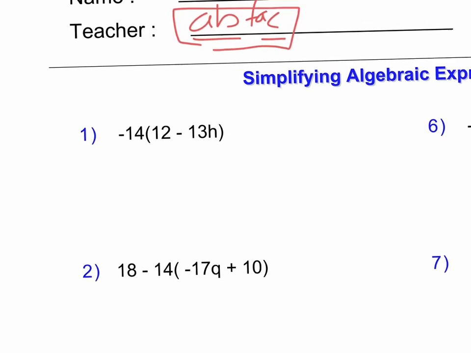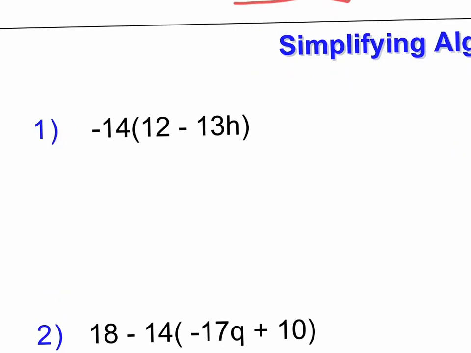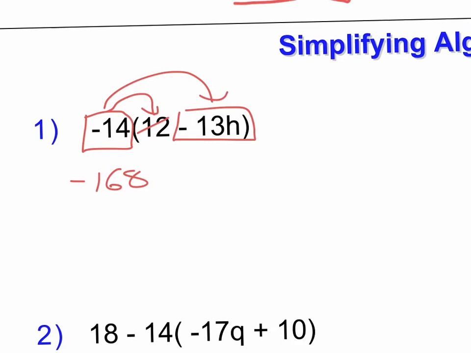Okay, so let's go ahead and try it with real numbers real quick. So I have a negative 14 out here. I'm going to take negative 14 times 12, which gives you 168, but a negative times a positive gives you a negative, okay? So then we've done this one. Now we have a negative 13h, and you take that negative 14 times a negative 13.